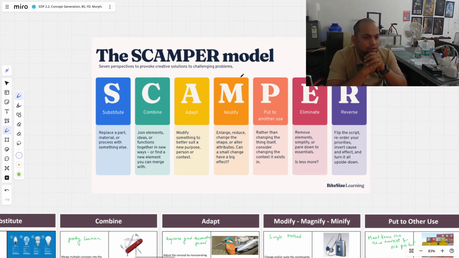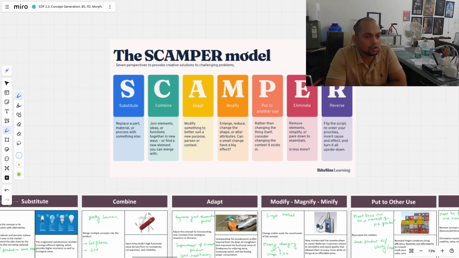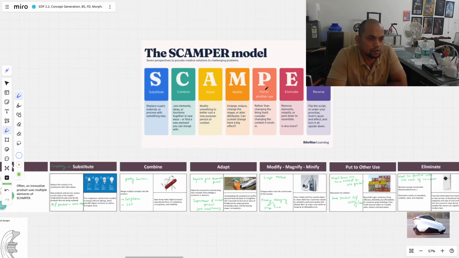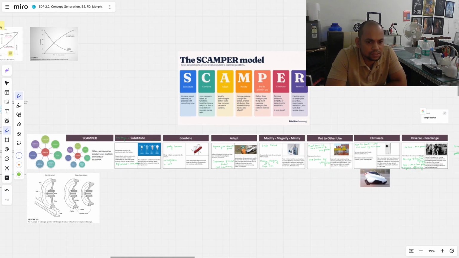So, the SCAMPER system. Let me go about it first in short, and then we are going to go through these slides and go deeper into how these things are different.